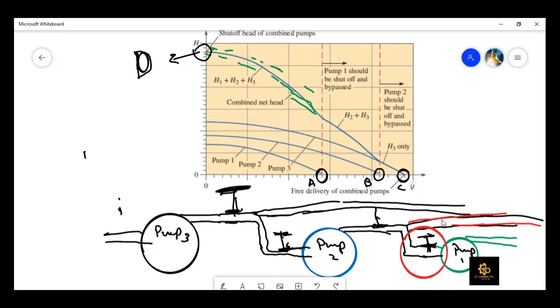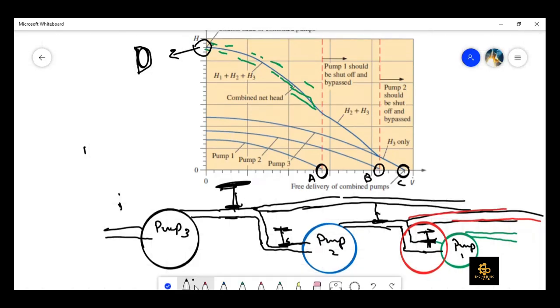That would be fully open if the volume flow rate is in between this. Otherwise, it would be fully closed. This valve would be closed when the volume flow rate is less than the volume flow rate at point A. Otherwise, it would be fully open and this other valve would be closed. Right? So I hope that you can understand this point.